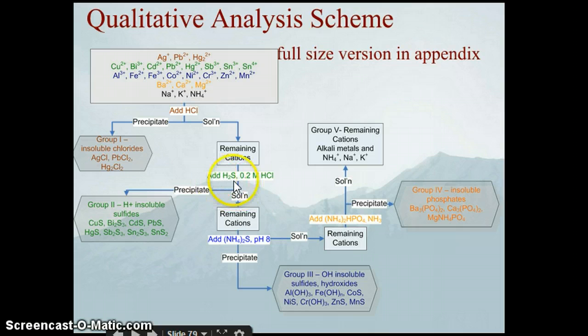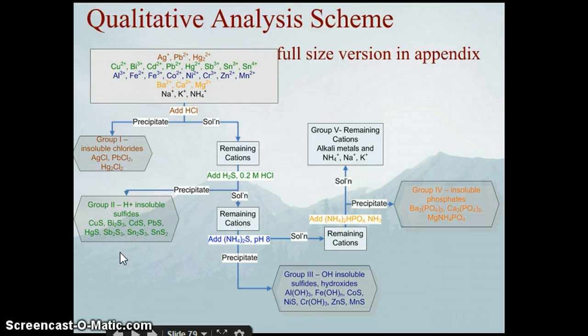So the next thing to do is add some hydrogen sulfide or some other sulfide. It really doesn't matter. It could be sodium sulfide. Still keep it acidic. And if we get a precipitate, then it means it's one of these group 2 cations. All of these ions are the same ones listed here in green, so we call them the group 2 cations. So if we get a precipitate after adding hydrogen sulfide, that means one or more of these ions are present.